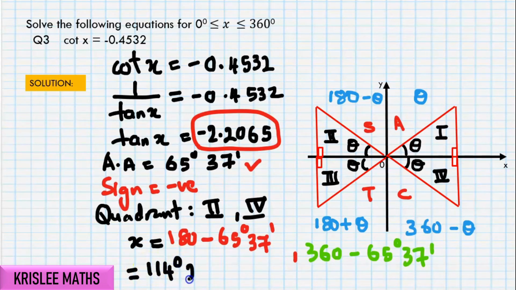Remember, 180 minus 65 degrees 37 minutes, you will get 114 degrees 23 minutes, and the other answer will be 360 minus 65 degrees 37 minutes. When you simplify this, you will get 294 degrees and 23 minutes. So this will be the solution for question 3.